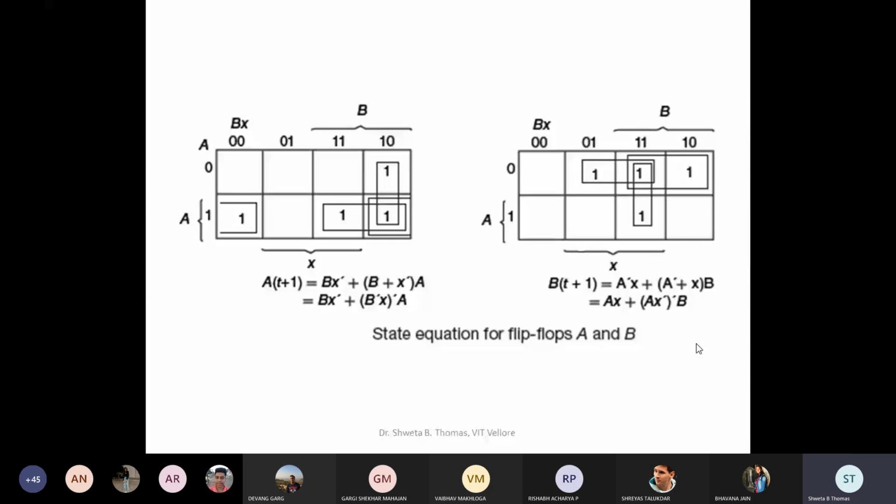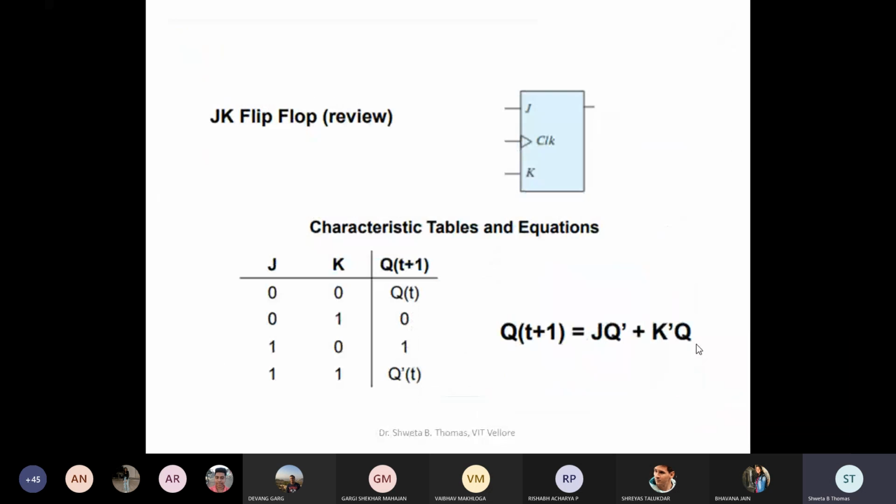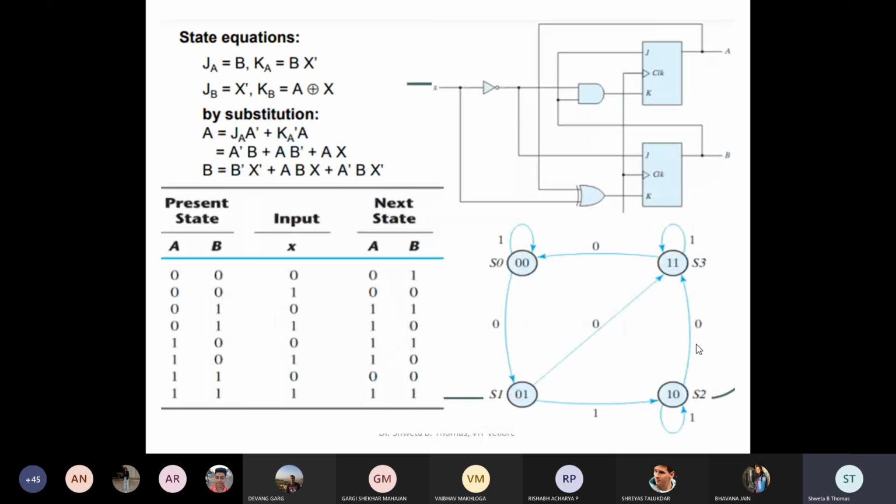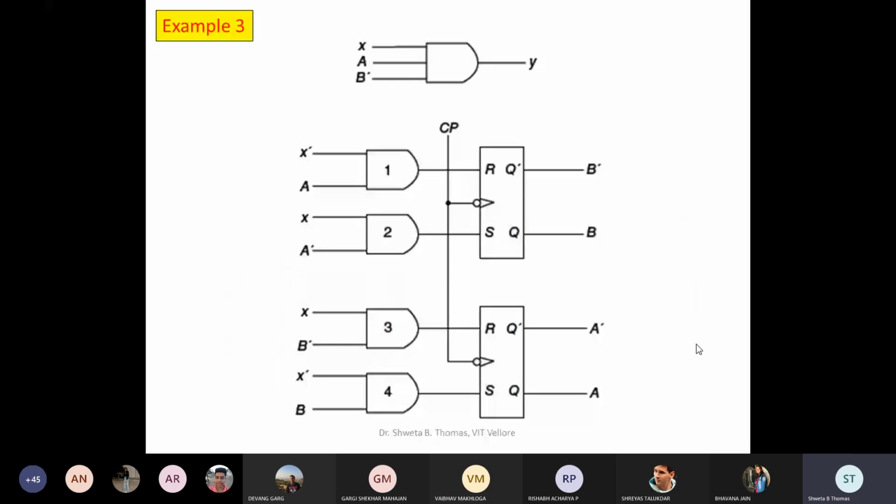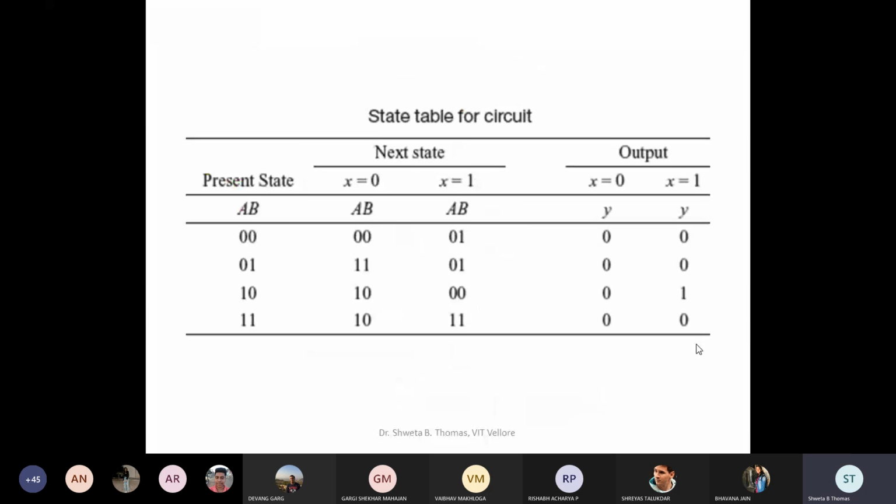So this way also A(t+1), B(t+1), this one also you can do. Like the previous question where you got the Q(t+1) state, if I ask you to find A(t+1), B(t+1), that also you can do.